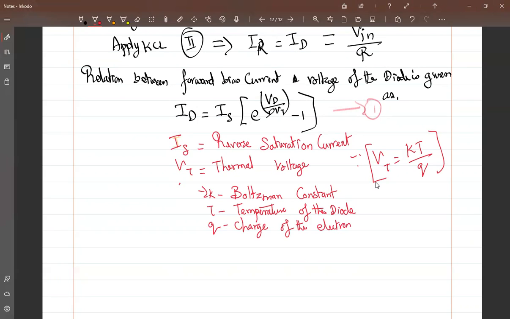VD is the diode voltage, the forward bias voltage of the diode.